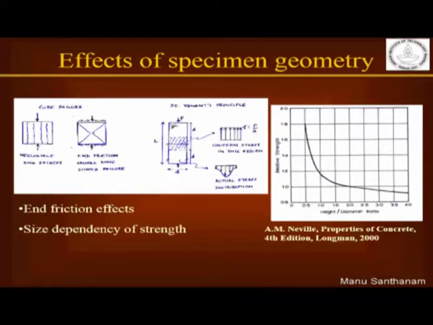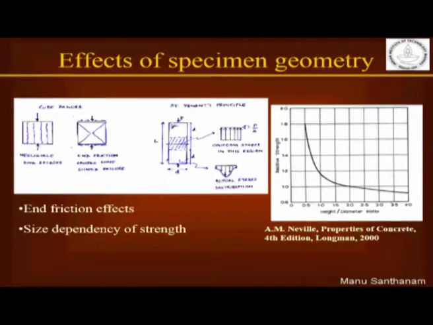When this lateral strain exceeds the tensile capacity of the concrete, it starts developing cracks. So although we say that we are testing concrete in compression, actually it is failing in tension, because the lateral tensile capacity is getting exceeded by the bulging of the concrete specimen.